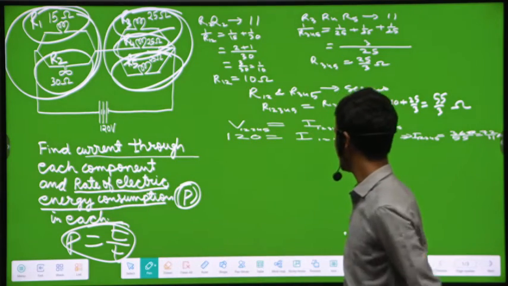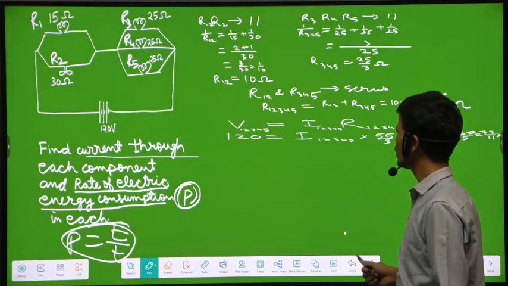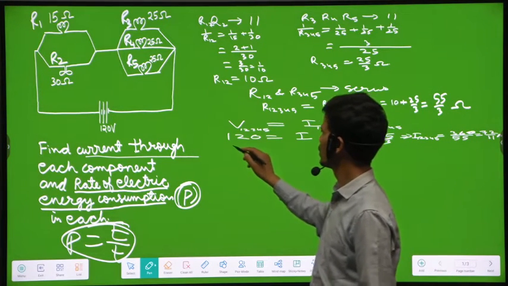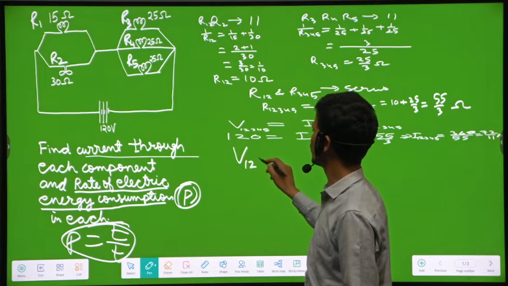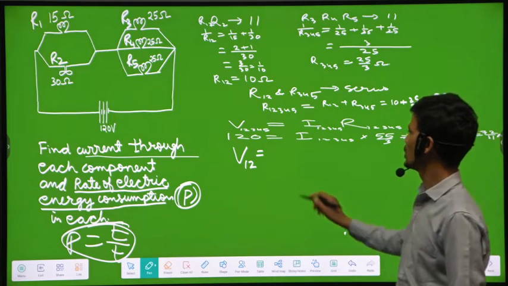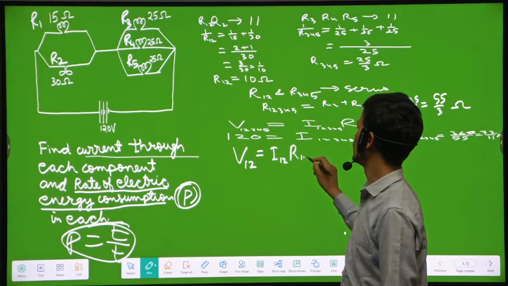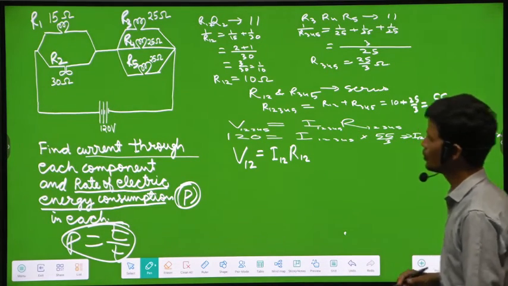So what are we going to do? We are finding the potential difference across 1 2. V12 is equal to I12 times R12. Do we know I12?